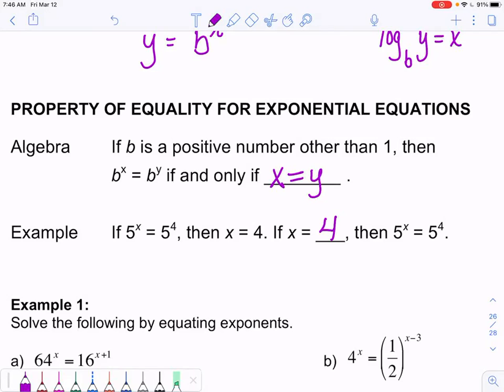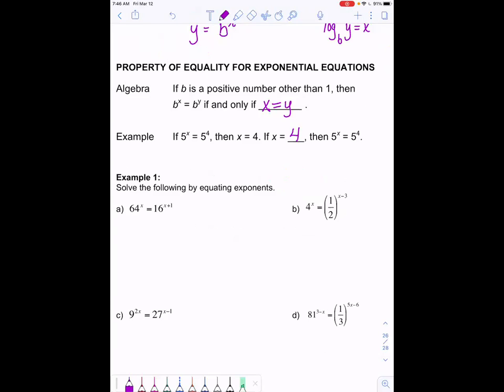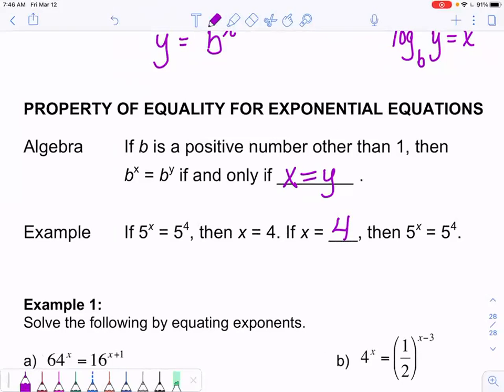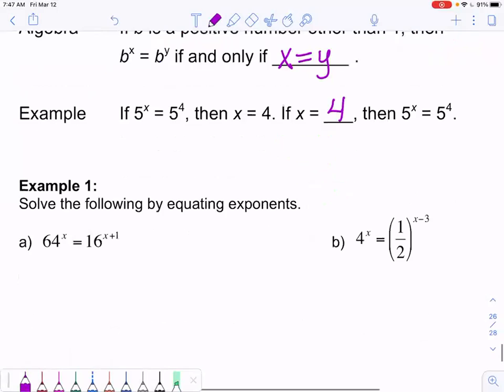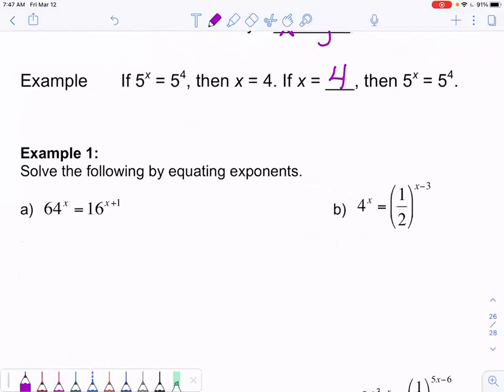That's how a conditional statement works. I can work through it one way, and I can work through it the exact opposite way, and it holds true. So we're going to work on this conditional statement and this property to help us solve the first group of problems. Solve the following by equating exponents.